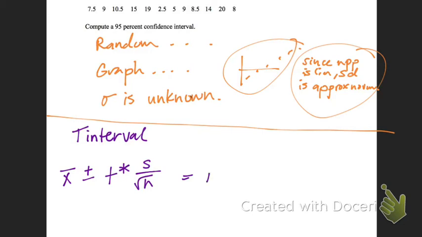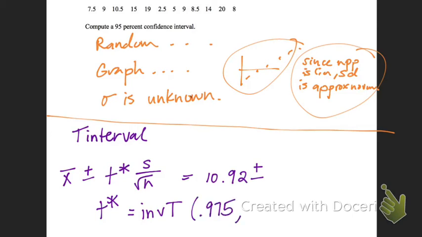Then my x bar, I got 10.92 plus or minus. I don't know what my t star is, but if I go to 2nd VARS, inverse t of 0.975, and then how many degrees of freedom do I have? 23, because it's n minus 1. And then my s is 5.6 over the square root of 24.